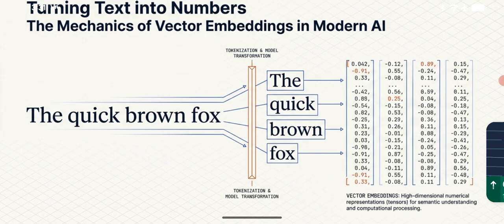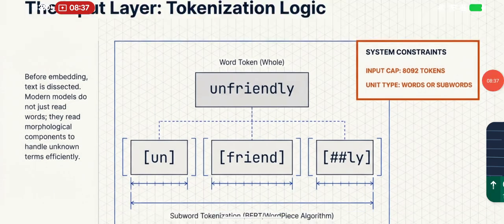In some other languages, subword tokens are not there, so accordingly we need to use different vector embedding models suitable for those languages to convert words and sentences into vector embeddings, right? So tokenization: in English, if subword tokenization is possible, a single word like "unfriendly" can be split into 3 tokens, right?